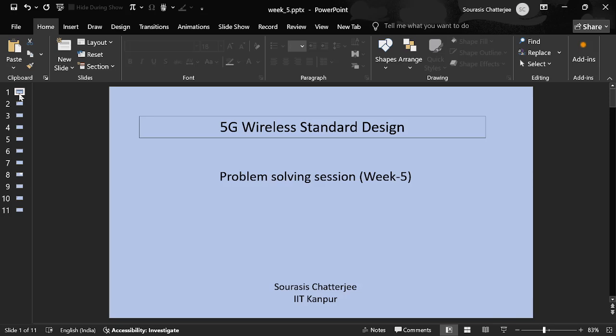Before getting into the content of week 5, I would like to clarify one of the questions I discussed in the last session, regarding the log likelihood ratios that are fed to the soft decoder. There was a misunderstanding from my end.